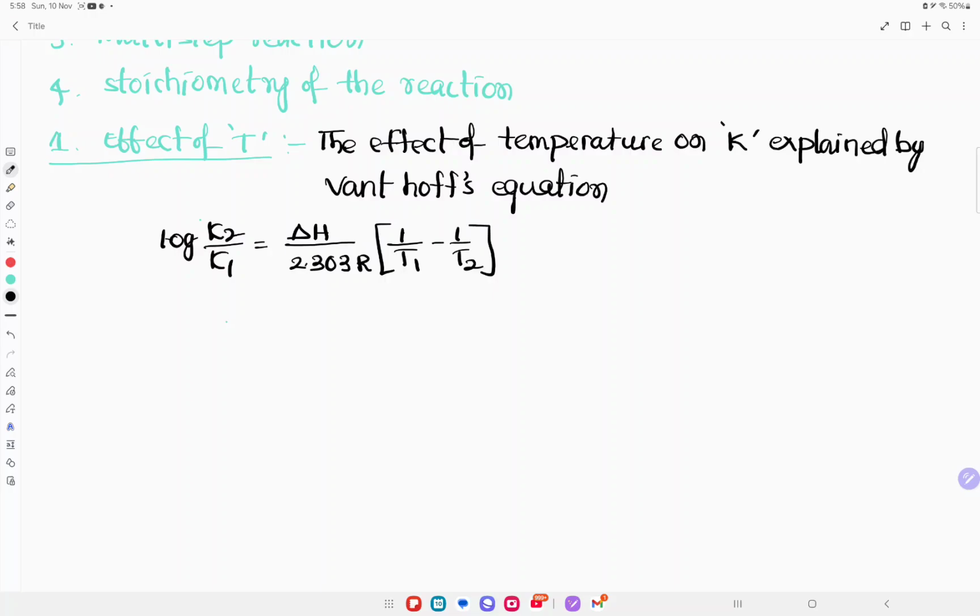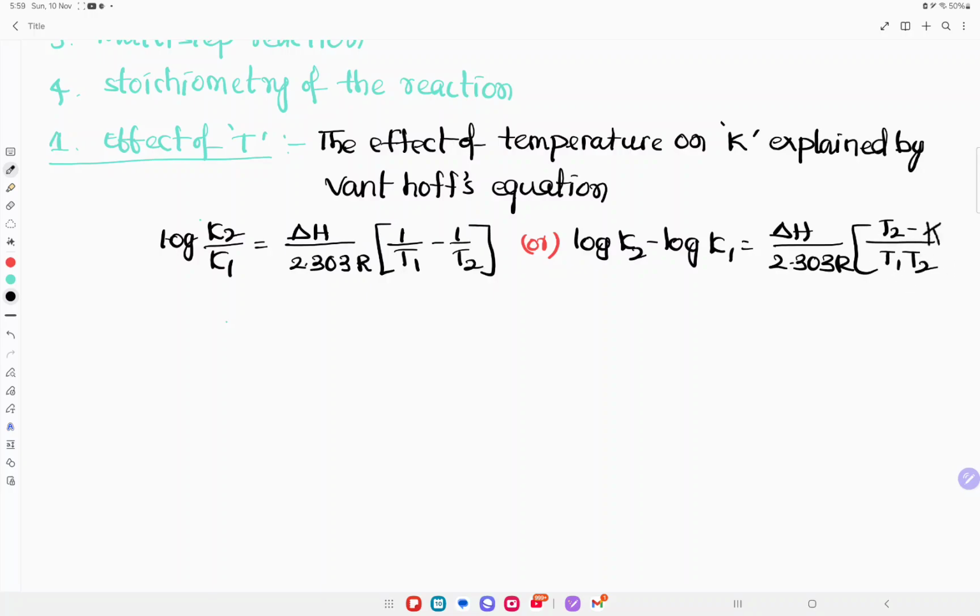Or this equation can also be written as log K2 minus log K1 is equal to delta H by 2.303 R into T2 minus T1 by T1 T2, the LCM of T1 and T2.